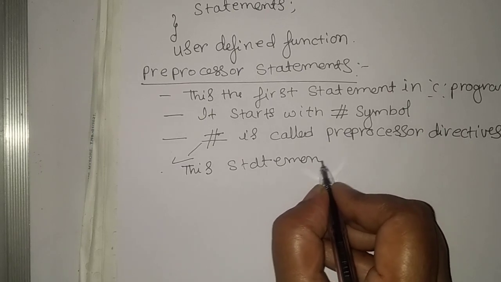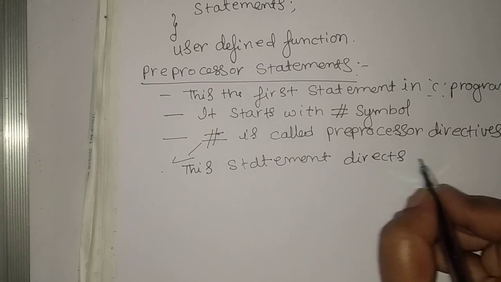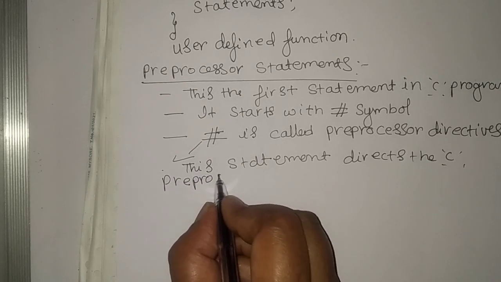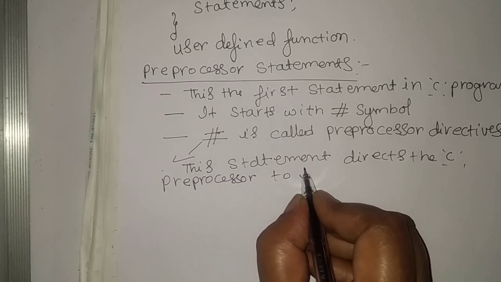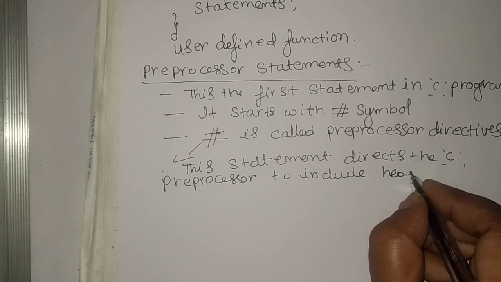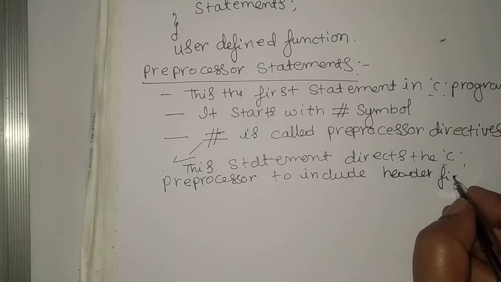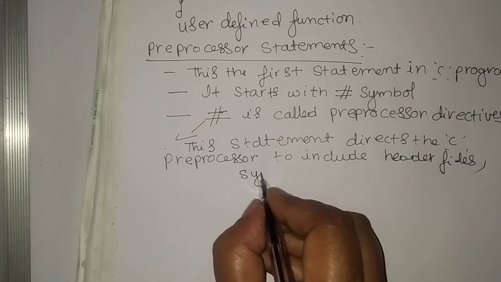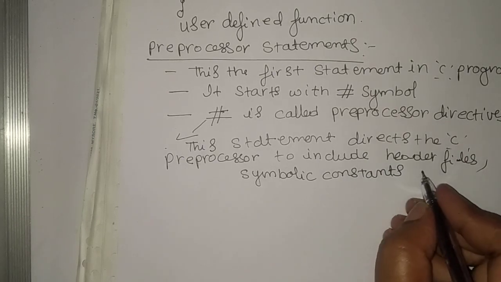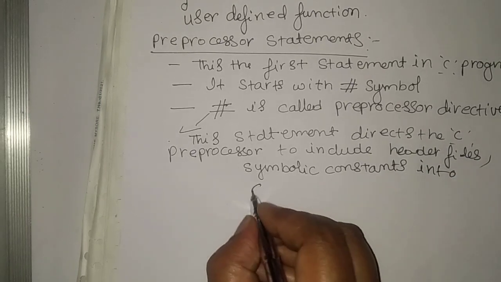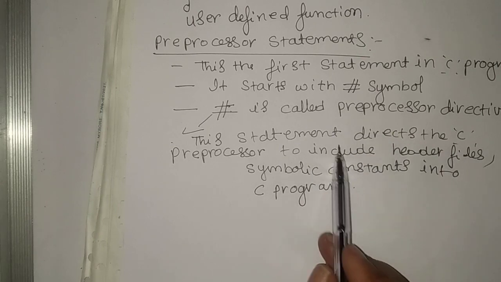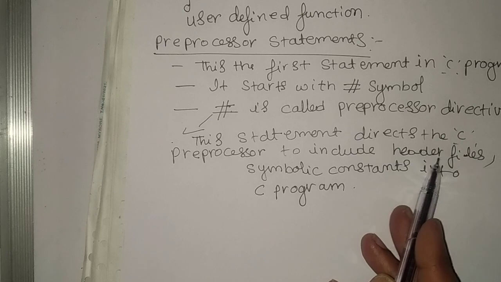This statement directs the C preprocessor to include the header files, and also symbolic constants, into the C program. So these are preprocessor directives.